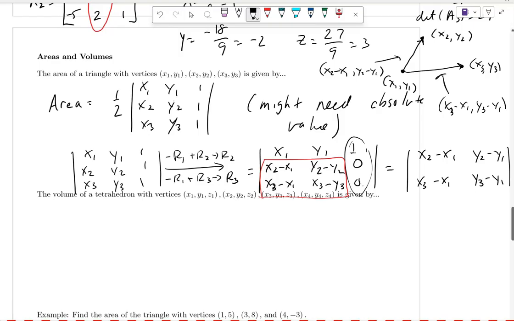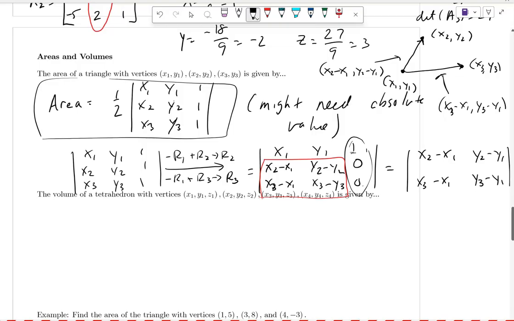You get the same value. Why do we do a 1/2 in front? Triangle. It's a triangle. It's half the area of the parallelogram. Right? That's where the 1/2 comes from. So this formula isn't anything different than what we've already talked about. It just saves you from having to do the subtractions to start with. Okay. Just make sure that you take the absolute value if it turns out to be negative.